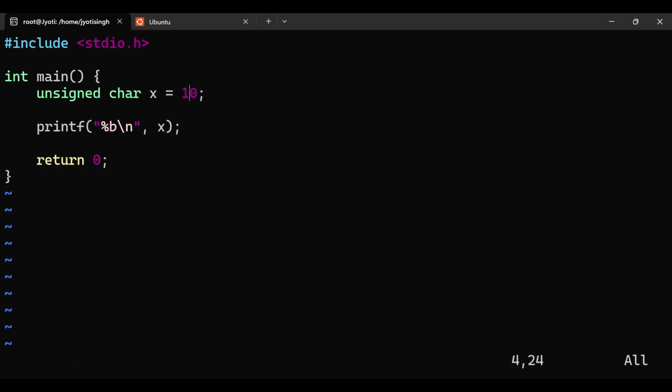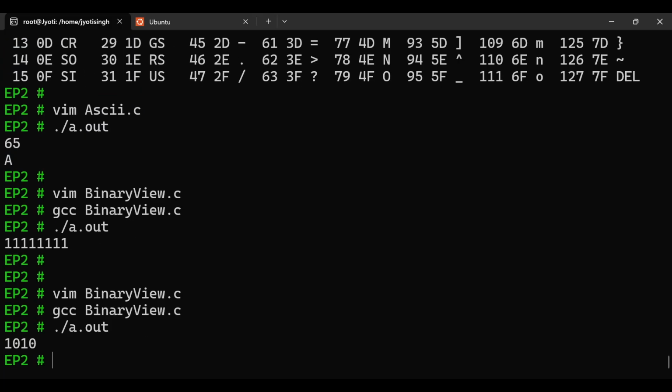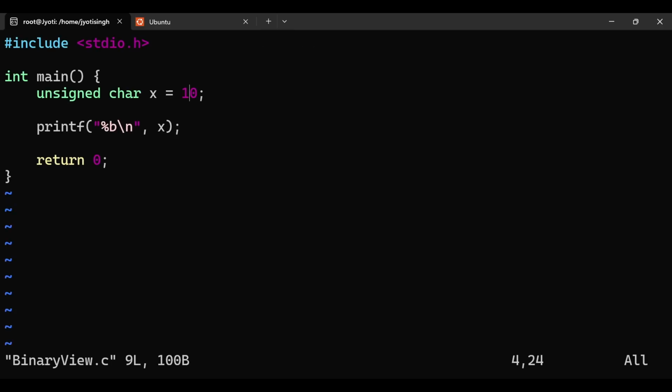Binary representation for 10 is 1010. 2 to the power 0 is 0, 2 to the power 1 is 2, so 2, plus 2 to the power 2 is 0, so nothing. 2 to the power 3 is 8, so 8 plus 2, that is 10. So this is how we can check the binary representation of any value using %b, b is for binary.